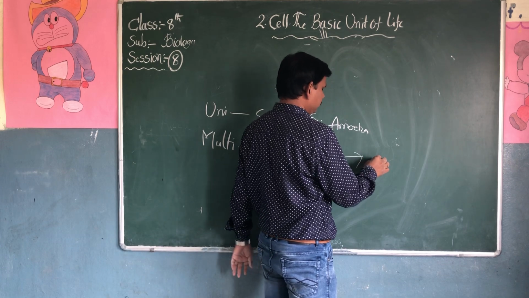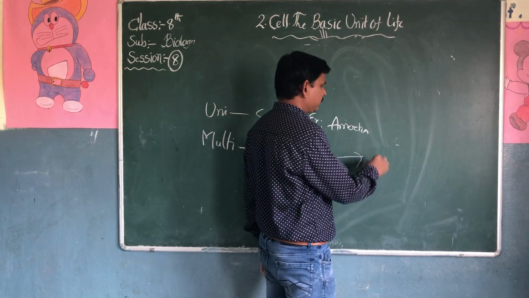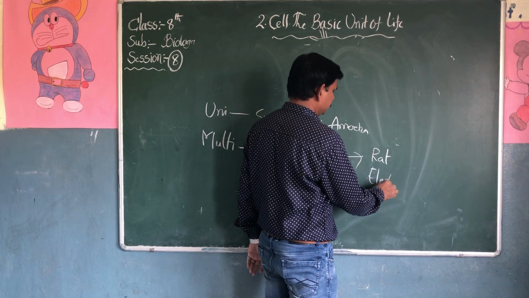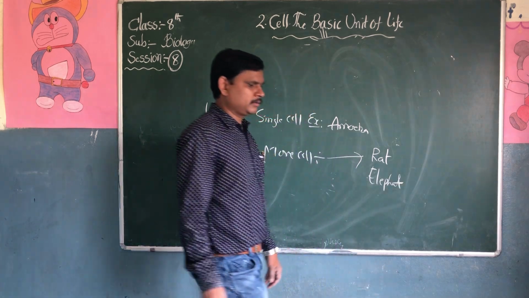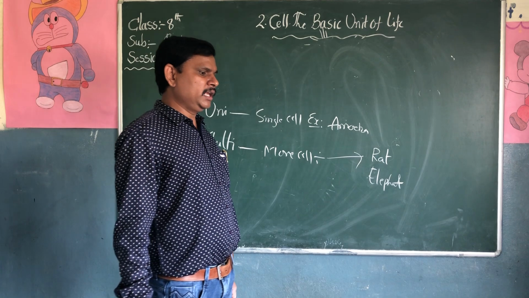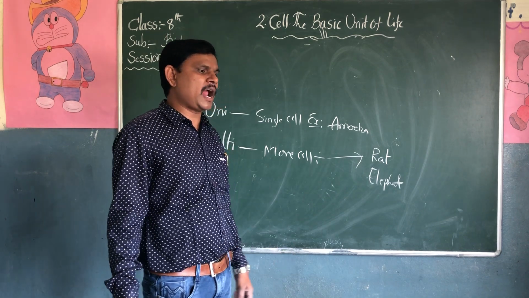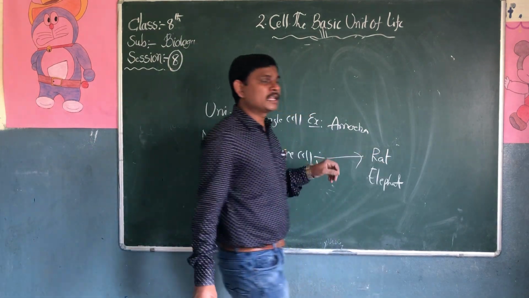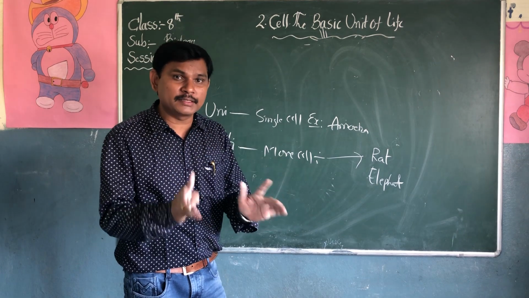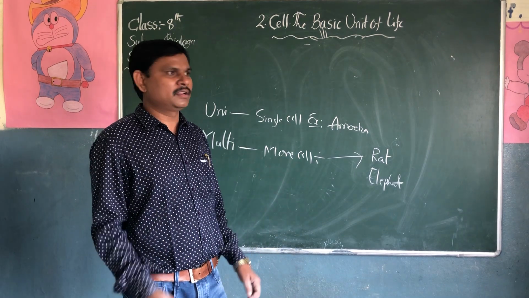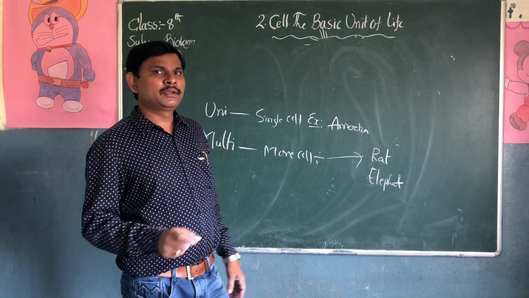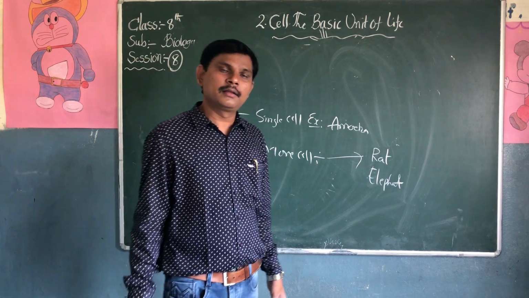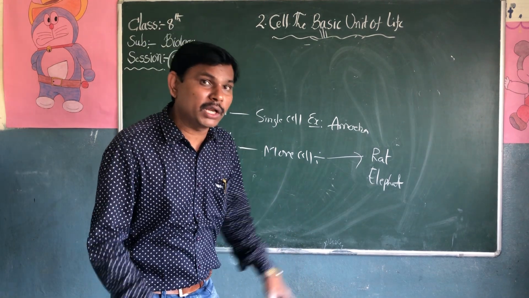In multicellular organisms, there are different types, for example, a rat and an elephant. Is there any relationship between rat and elephant? Are the cells present in the rat and the cells present in the elephant the same size or different sizes? That is the question. Rat is very small, so you may think the rat's cells are small and the elephant's cells are very big.